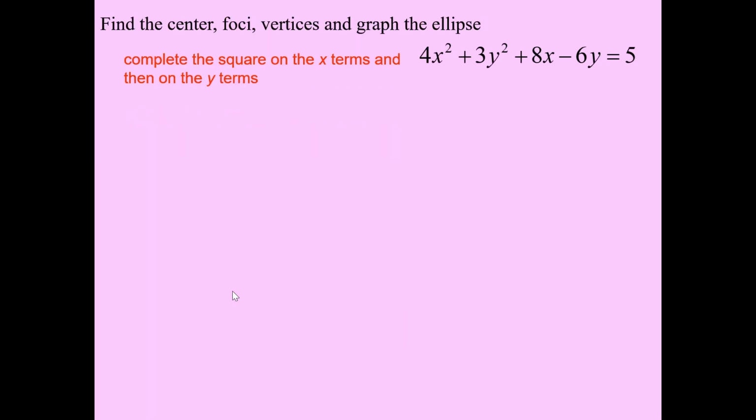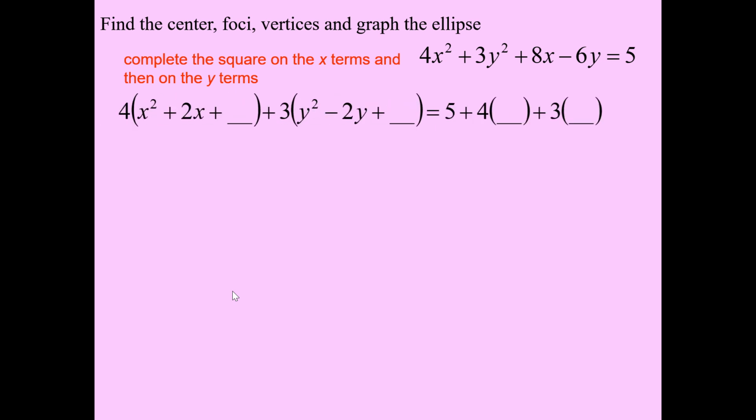Find the center, foci, vertices, and graph the ellipse. In this case, we have to complete the square. So we collect our x terms and our y terms. We factor out to make the coefficient for the x squared and y squared 1, so I factor out a 4 and a 3 respectively. To complete the square, I take the x term here, take half of the coefficient, and square it and add it.